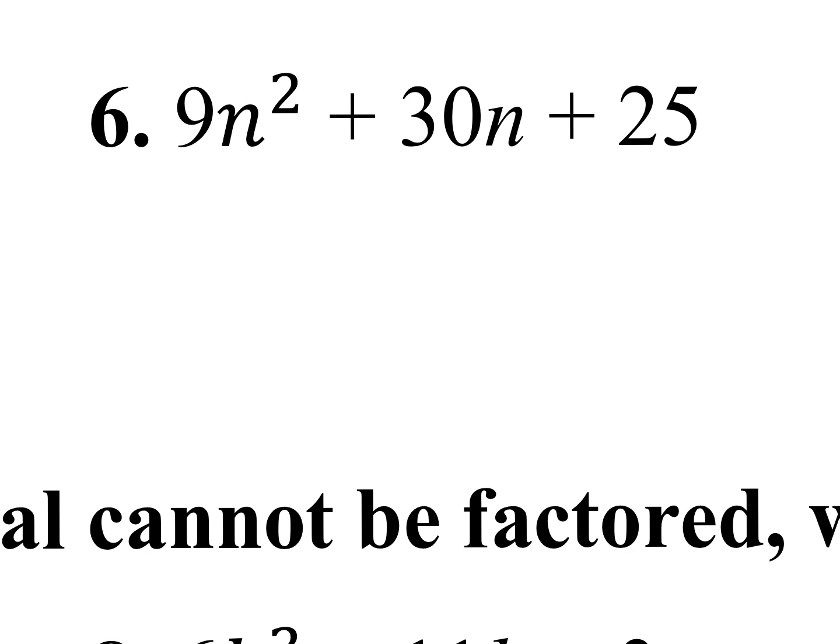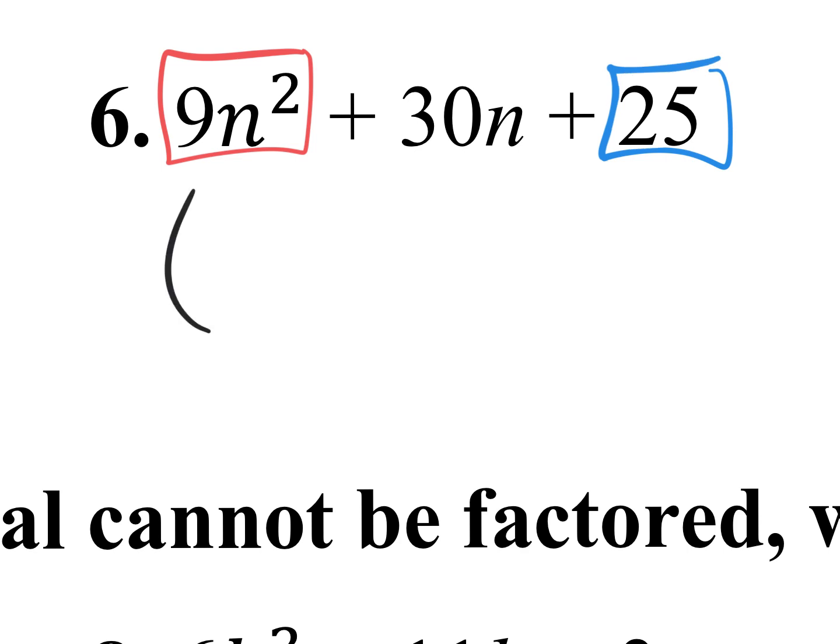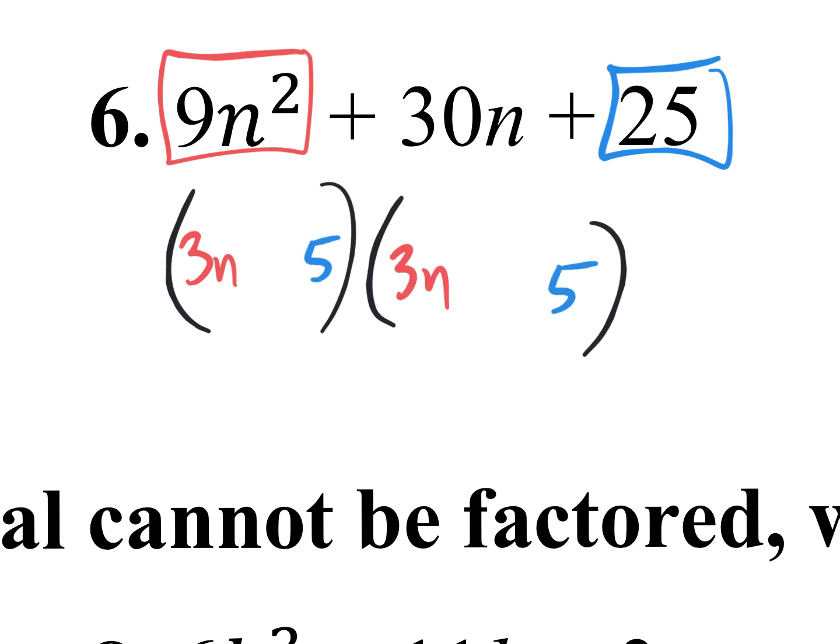So we're going to jump right in to recognizing that there's a perfect square term in the front and a perfect square term in the back, which means that when I plug it into my factored form answer format, what is the square root of 9n squared? 3n. And what is the square root of 25? 5. And what signs belong in here? All positive, right? Plus, plus. And of course, if you distribute and double check it, it will give you the original perfect square quadratic trinomial.